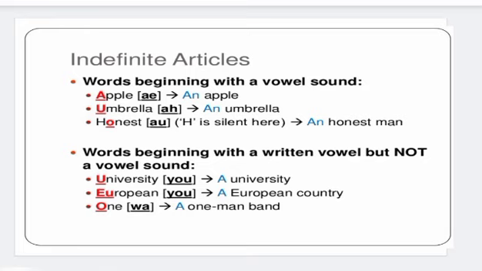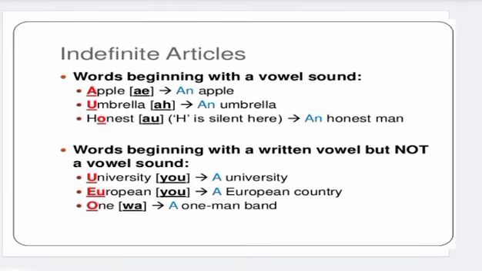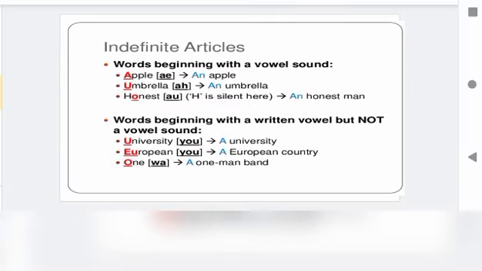It is an indefinite article because it begins with a vowel sound. Umbrella: an umbrella. Honest: the word begins with a vowel sound, because the H is silent, so we say an honest man.